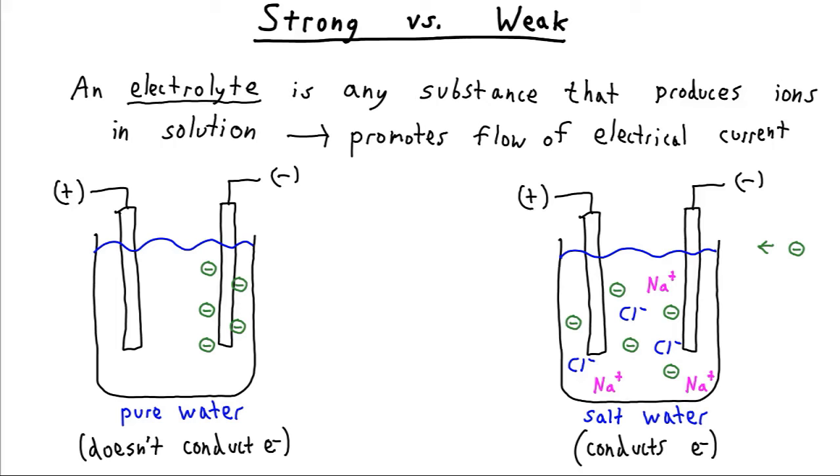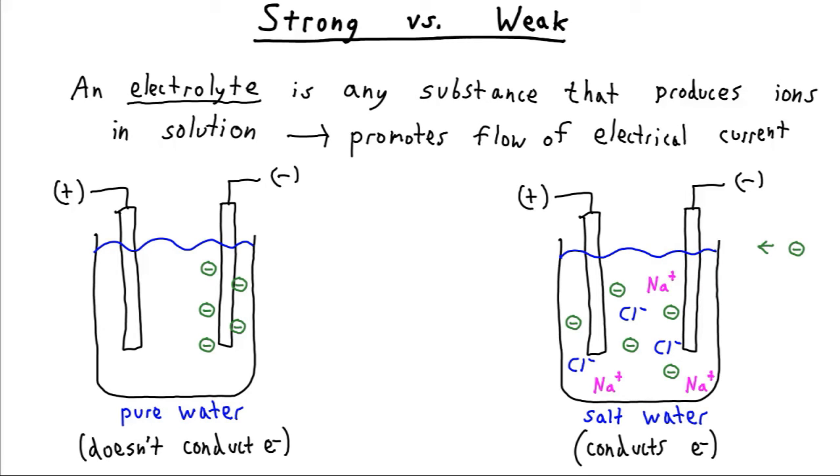Now, if we have ions in solution, for example, we've dissolved some sodium chloride into our solution, then something different occurs. Now, the electrons can be neutralized by the flow of these other ions. So, for example, these sodiums could move towards these electrons here, and they could neutralize.